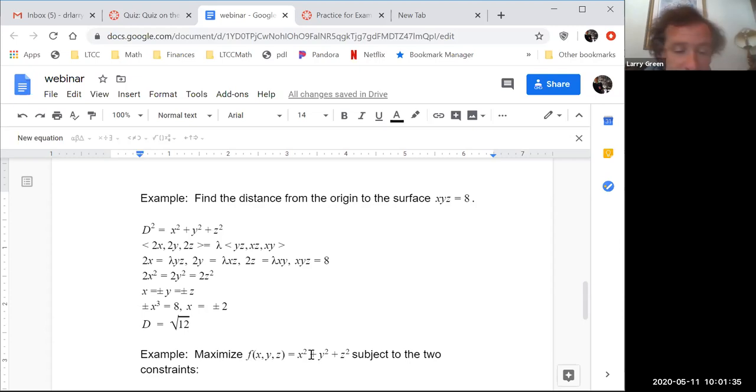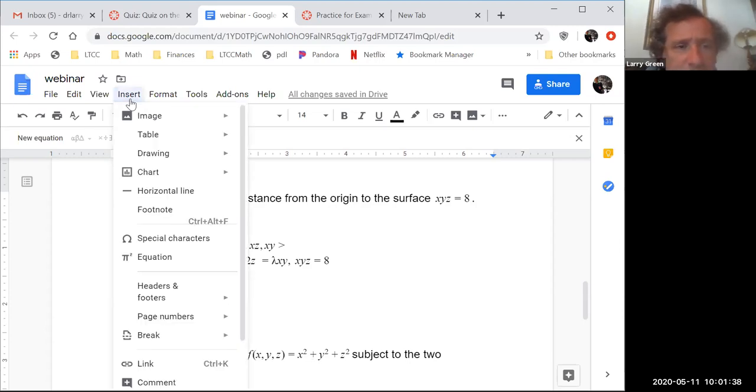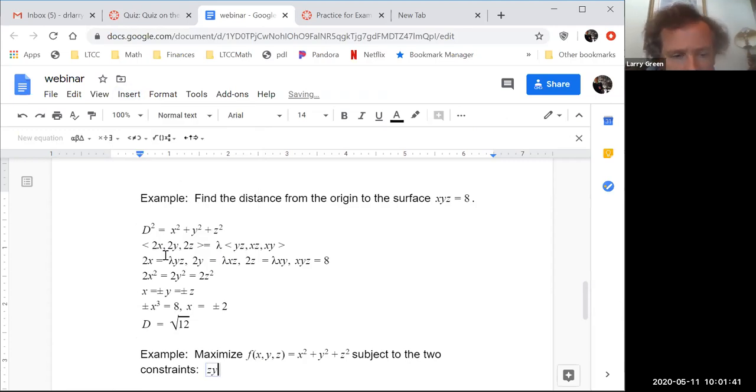And that's going to be xyz equals 1, and x squared plus y squared plus 2z squared equals 4.